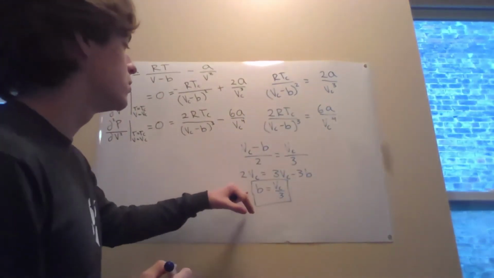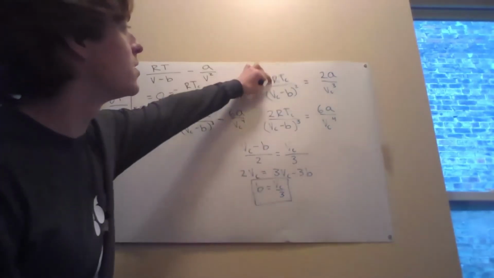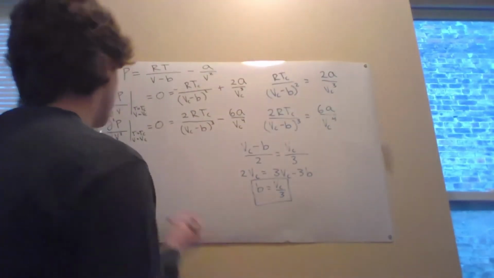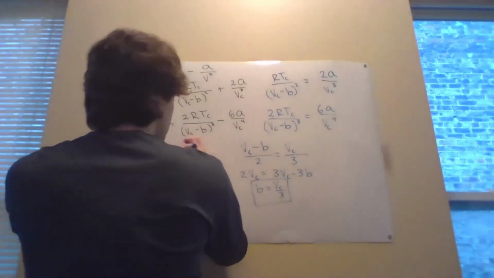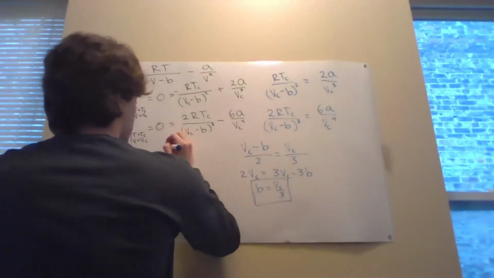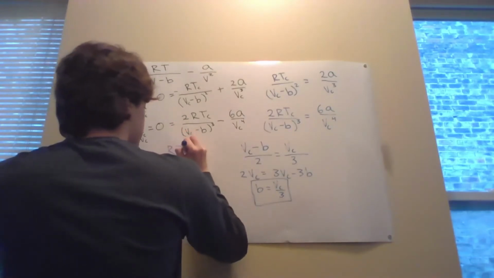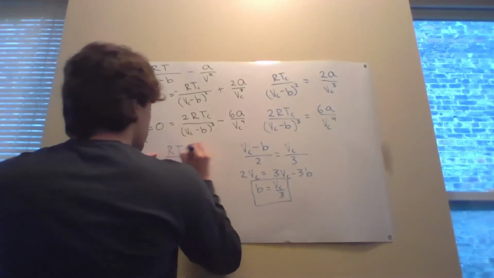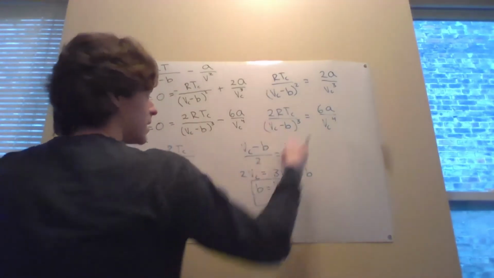Now I'm going to plug it back into this equation up here and use it to solve for A. It's kind of awkward, but we'll keep going with it. We'll have R times the critical temperature over (critical volume minus B), and we'll plug that in.